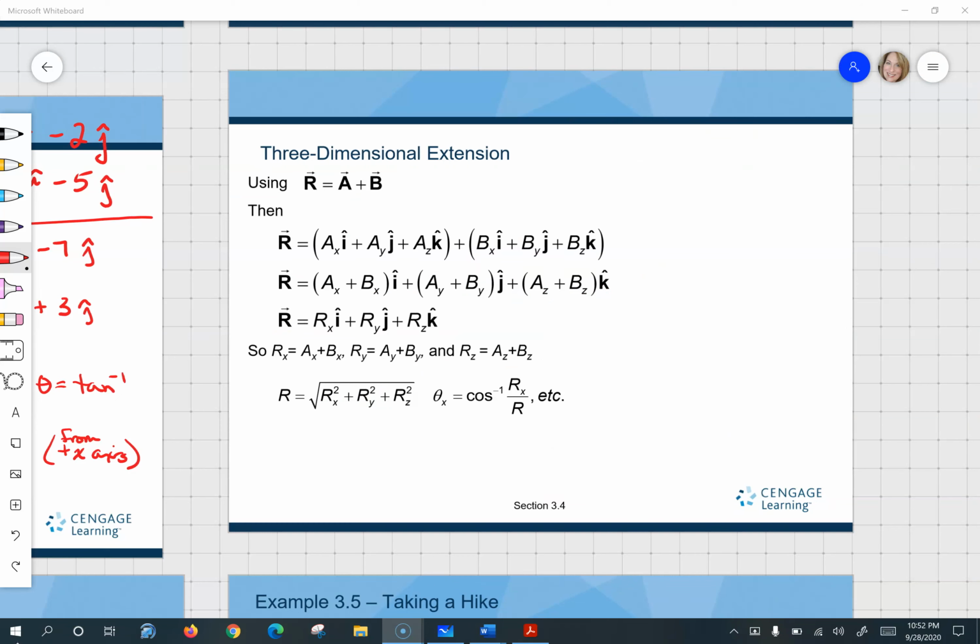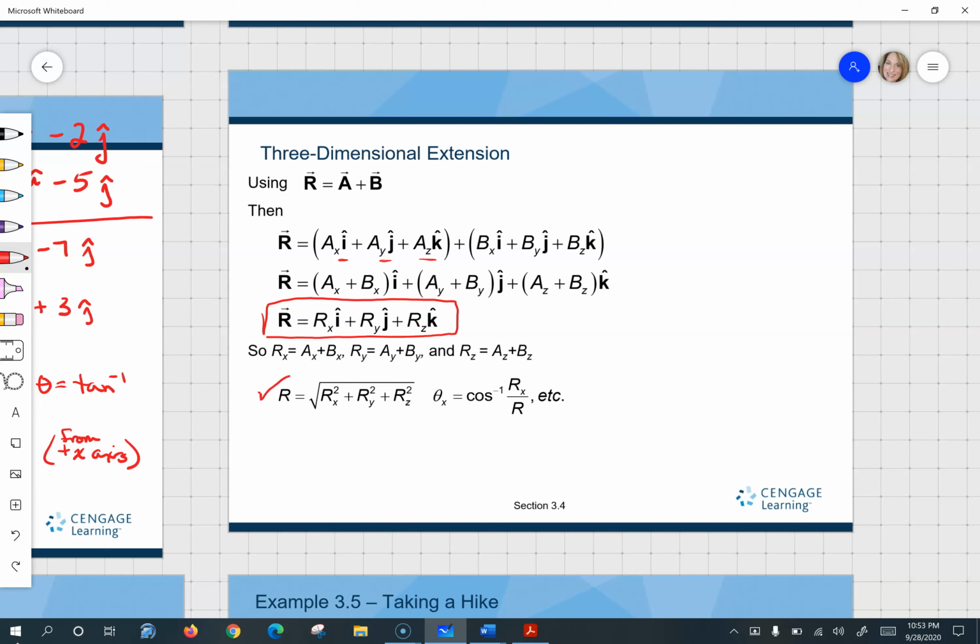You could have vectors in 3 dimensions, and it's really just no big deal. Like here's our i that we're used to, that's our x direction, our y direction, and that's our third dimension, our z direction. You treat it all the same. Add up all of your i's, add up all of your j's, add up all of your k's, and then you do the same with this resultant vector. And you'll have practice with that in your homework.